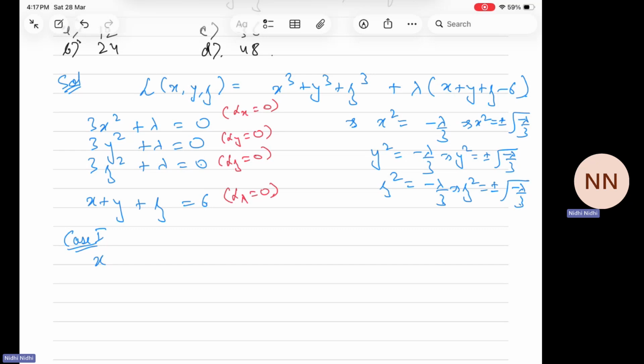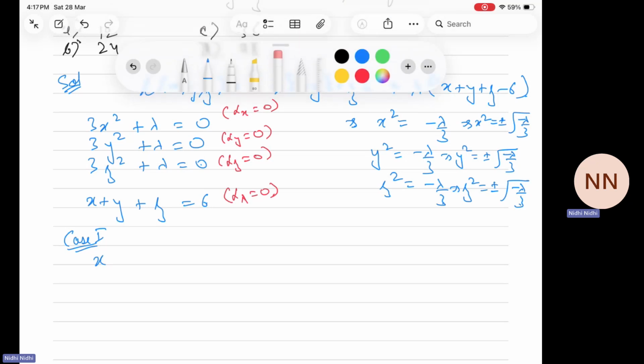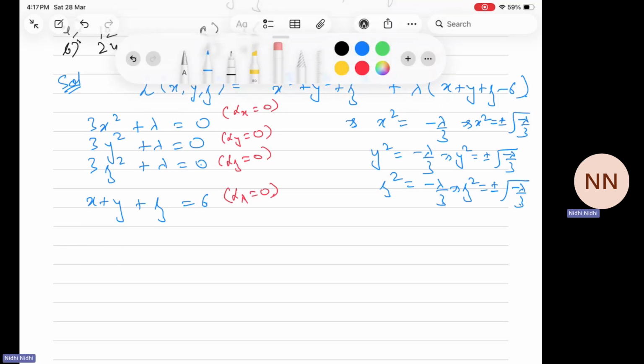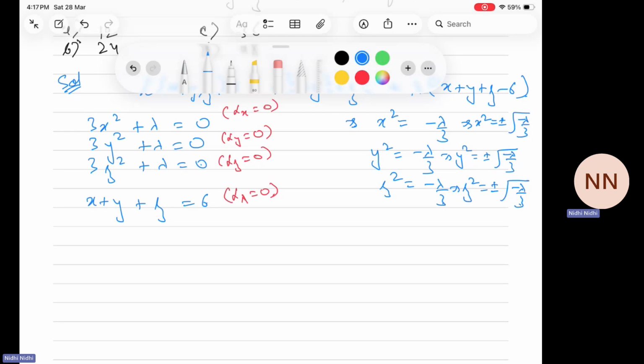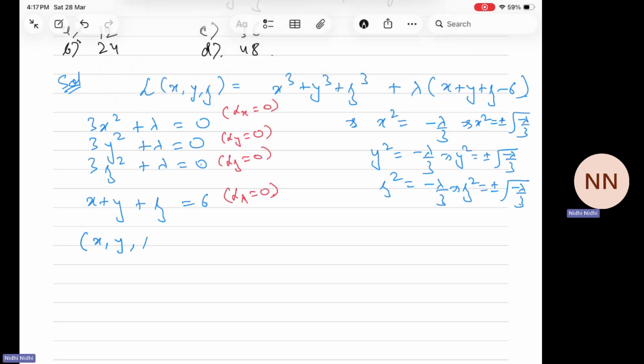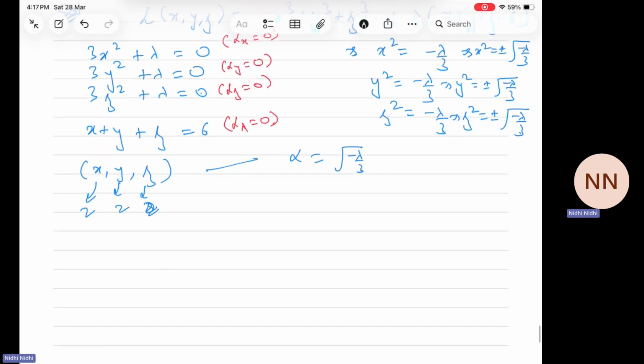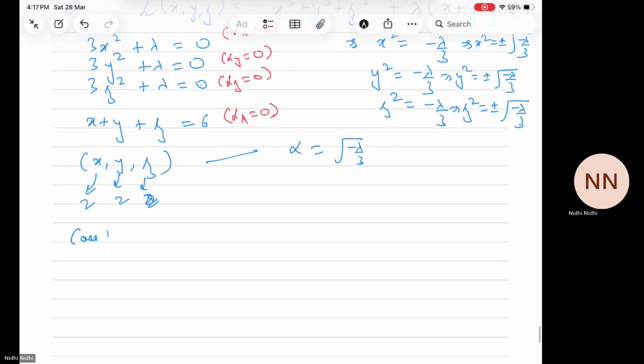So all the terms x, y, and z have two possibilities. Overall, the point (x, y, z) will have 8 possibilities, because we have two for x, two for y, two for z. If I say alpha is equal to under root minus lambda by 3, the possibilities for (x, y, z) will be: first, alpha, alpha, alpha.